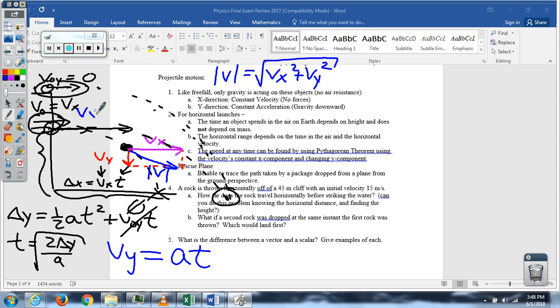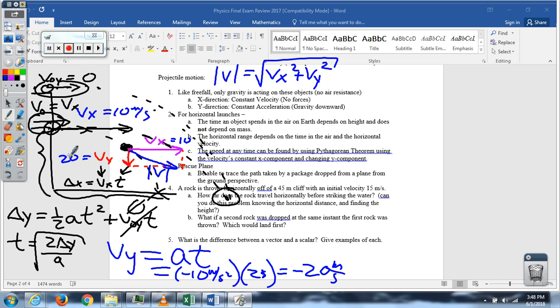It has a Vx of 10 meters per second, and now after 2 seconds, Vy is -20 meters per second. So Vx is 10, Vy is 20 meters per second. So you do 10 squared plus 20 squared, square rooted. Just for the sake of practice, let me do that for you real quick. 10 squared plus 20 squared, square rooted, is 22.4.